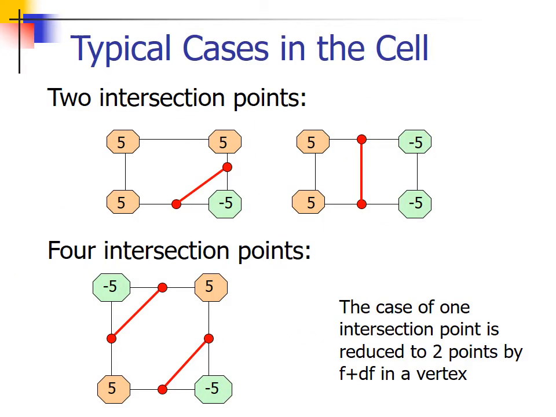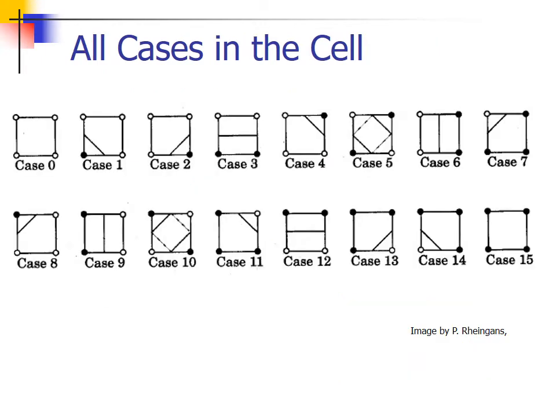There are two typical cases in the cell. The first one is when we have 2 intersection points, and the second one is when we have 4 intersection points. On this slide, all cases of intersection points inside a cell are represented. The black points, closed points, in the corners of the cell mean negative values of a function. The open points mean positive values of a function.